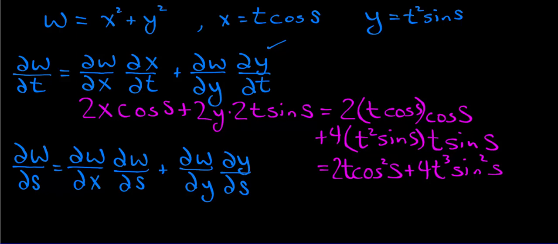Now we could go through that same procedure for partial w with respect to s, but I want to move on and let's think about something else here. Let's suppose I've got this situation here. I've got x squared y cubed plus 2x plus 3y equals 4, something like that.